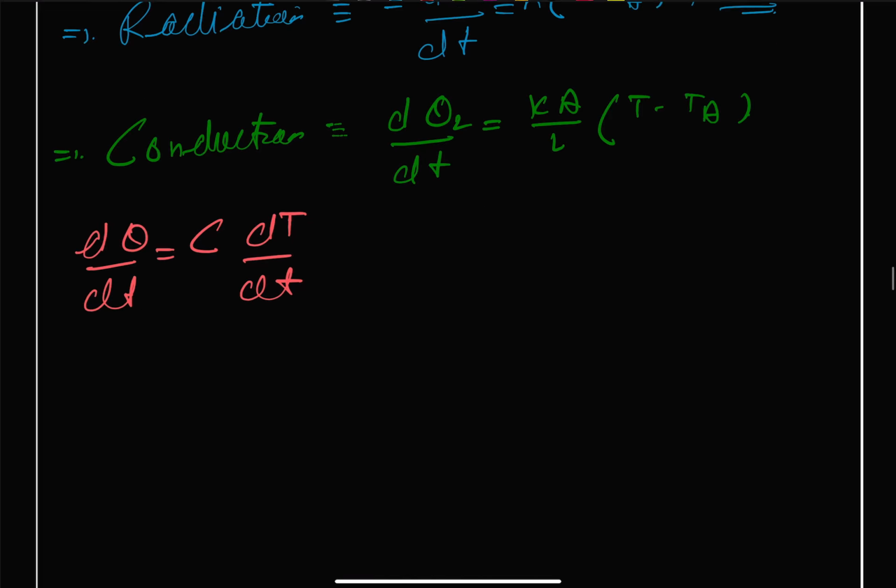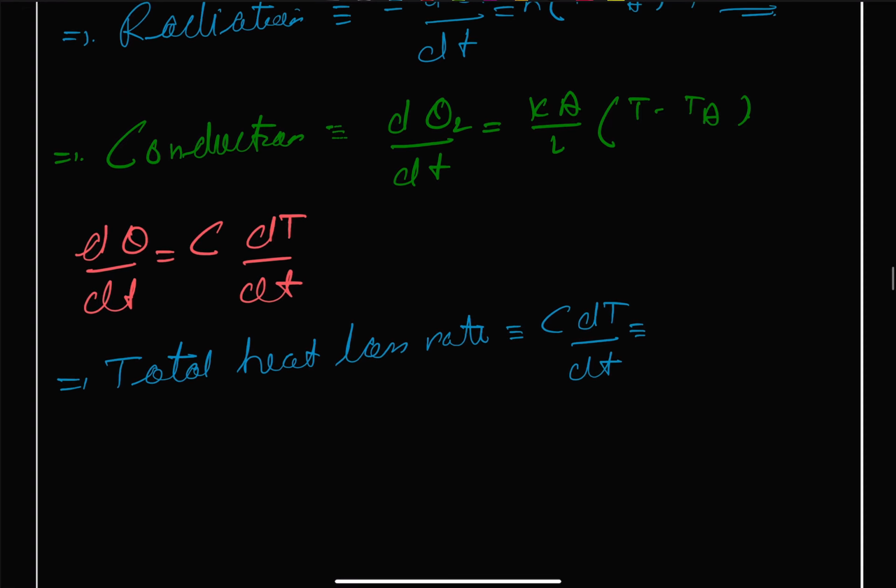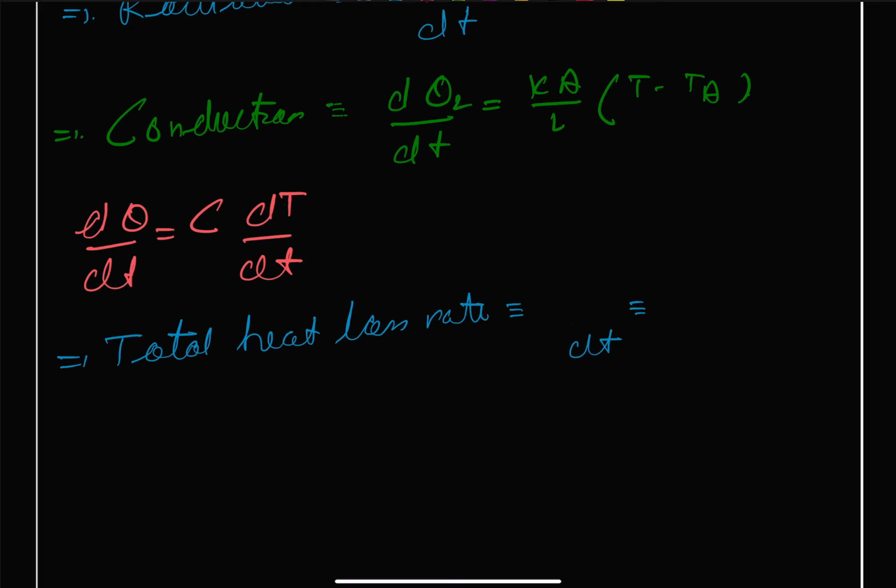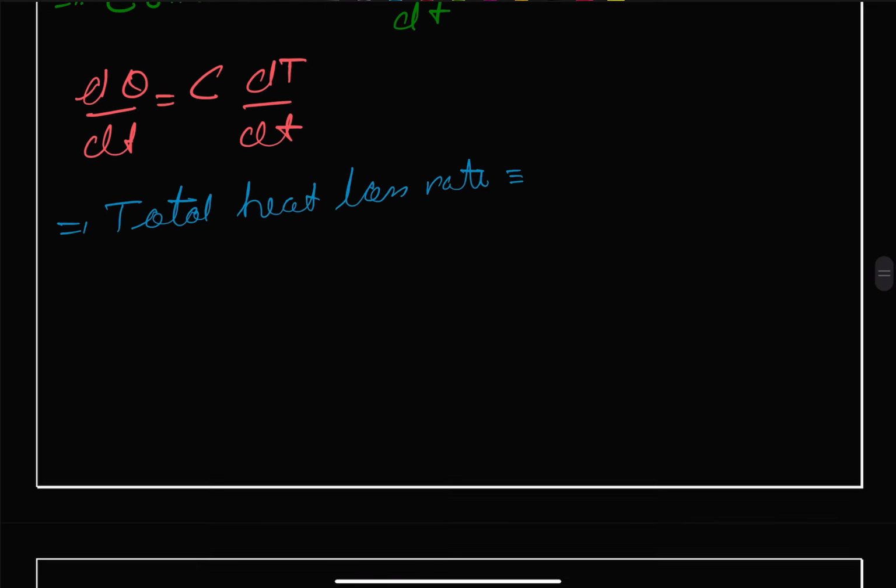Therefore we can write that our total heat loss rate, C dT by dt, is equal to minus H plus K A upon L times T minus Ta.